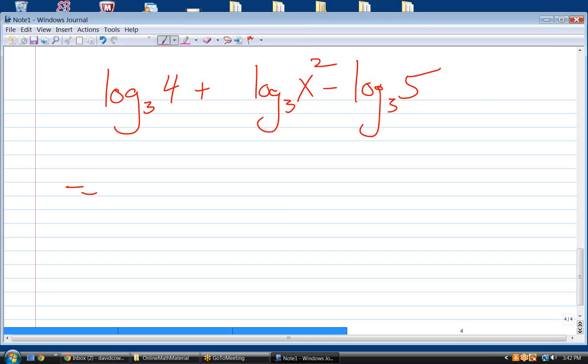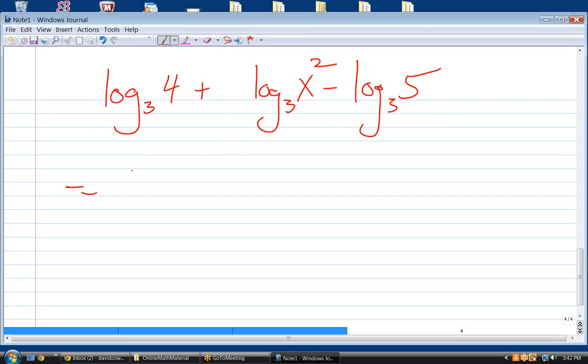And then you could put the 2 logs that you have to add. So what's my next thing? You can do all 3 of these in one step.